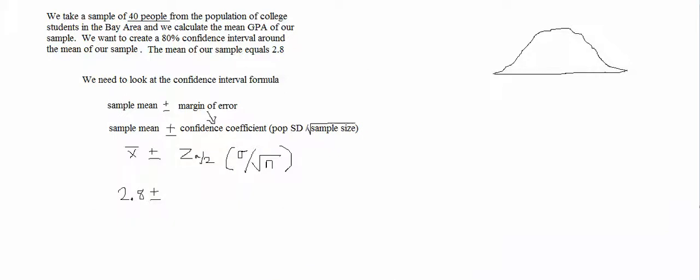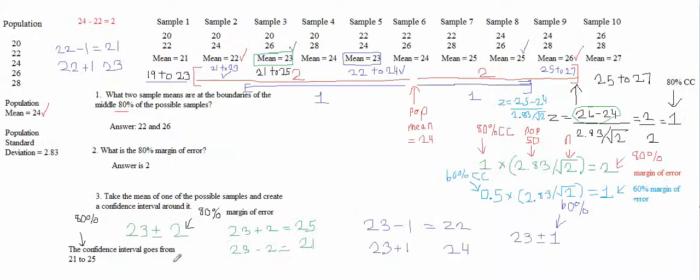We didn't have a normal curve over here, because if we plotted these samples out, 21 would have been down here, 22 would have been here. We had two 23s, I think we had two 24s and two 25s.